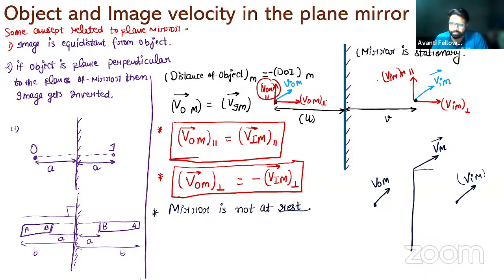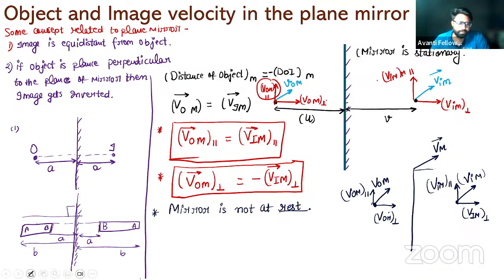So if you resolve into two components, it will be velocity of object with respect to mirror perpendicular, and this is the velocity of object with respect to mirror parallel. In a similar way, this is the velocity of image with respect to mirror perpendicular, and the velocity of image with respect to mirror parallel to the plane of mirror.